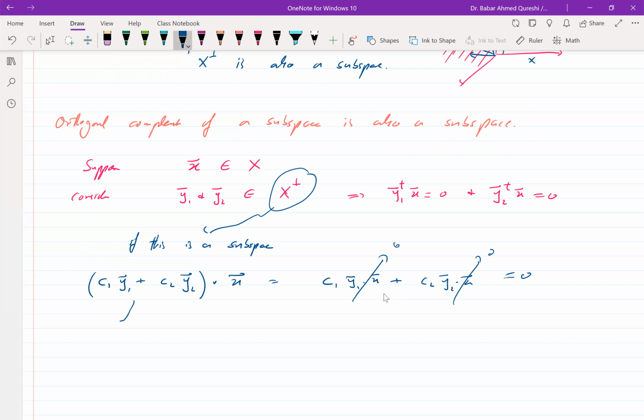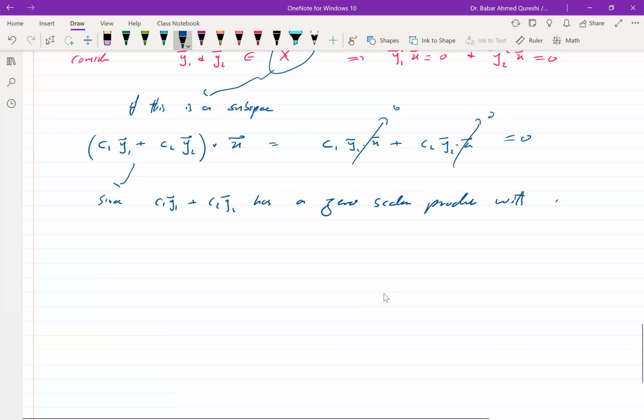So that means this vector has a 0 scalar product with any vector of X, because x was an arbitrary vector.